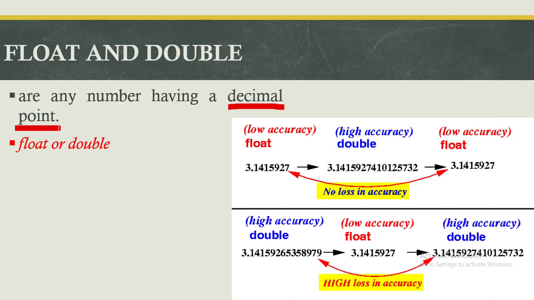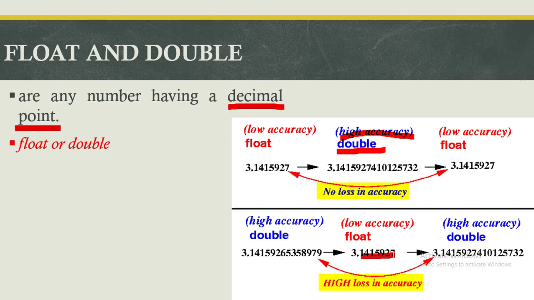Now, the difference between a float and a double data type is on the basis of their accuracy. A double has a higher accuracy, up to around 15 digits, compared to a float, which has a precision up to around 7 digits. But the most important thing is that both of them are used to store numbers that have decimal points in them.